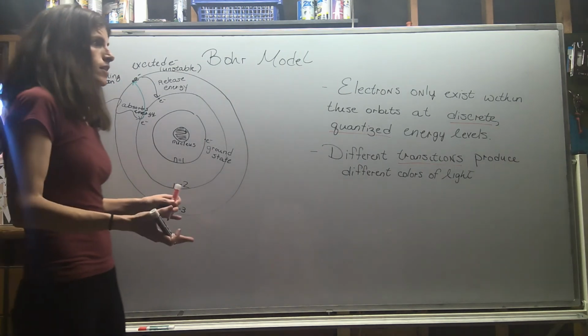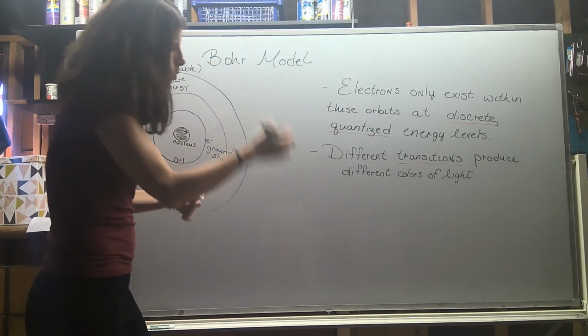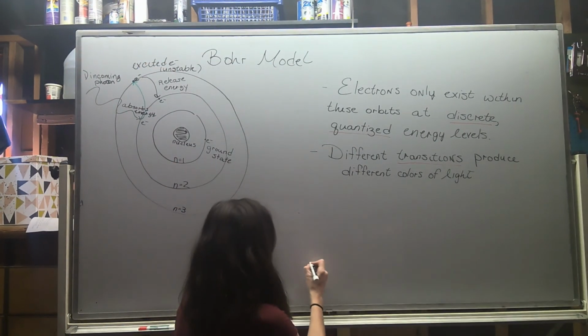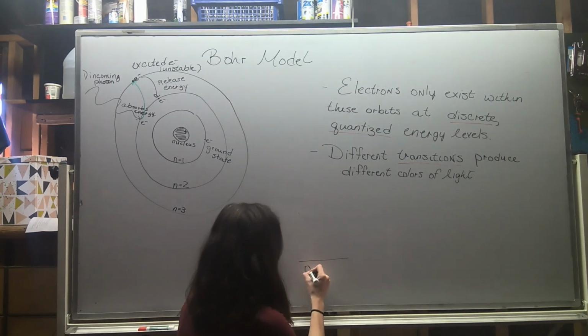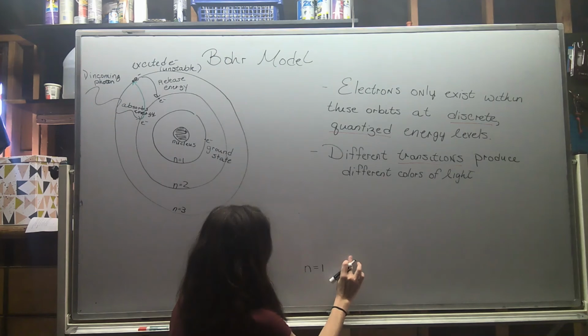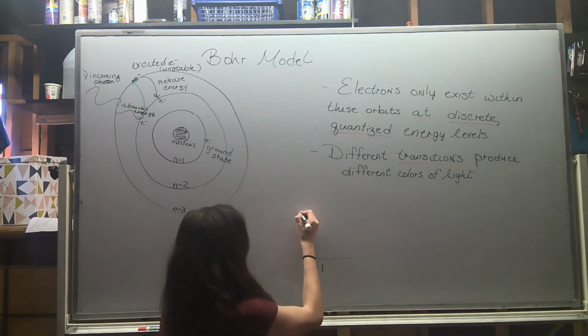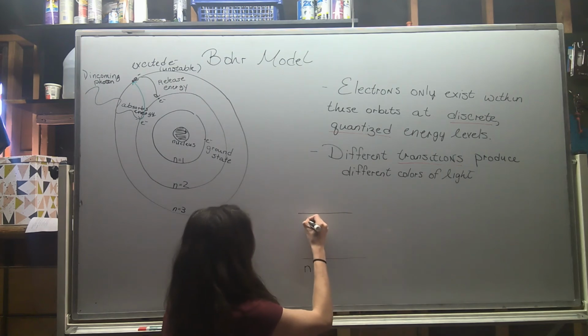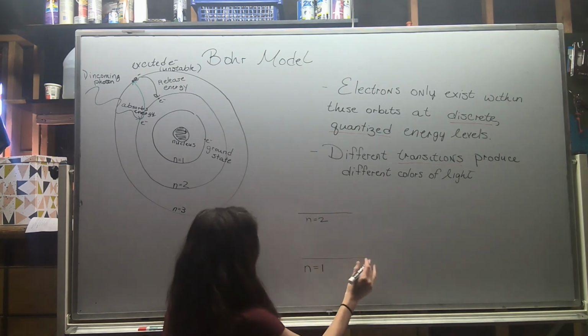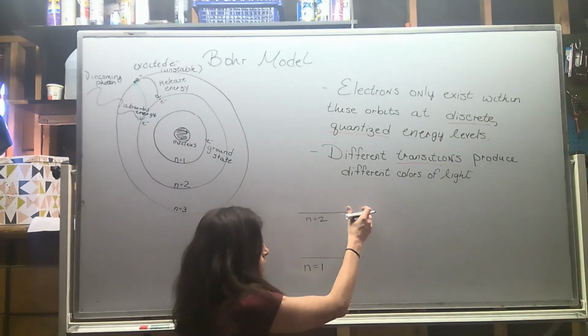To summarize this, so that you can tackle all of your homework problems this week. When you have transitions, on this page you have a different version of an energy level diagram. So n equals 1, and there's an energy associated with that, and then there's n equals 2. And there's joules associated with each level.